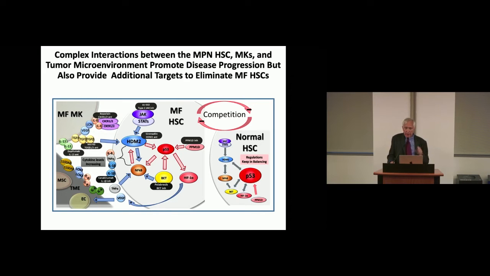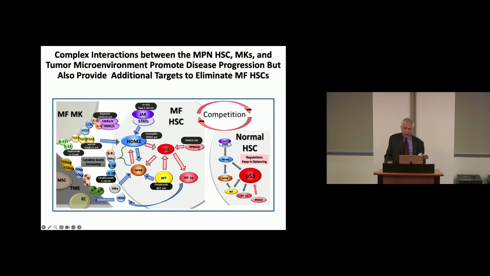In addition to the JAK-STAT pathway, which is outlined here, and you really don't have to go through it, there are a number of other regulatory pathways that are upregulated, such as NF-kappa B, which promotes the inflammatory milieu.